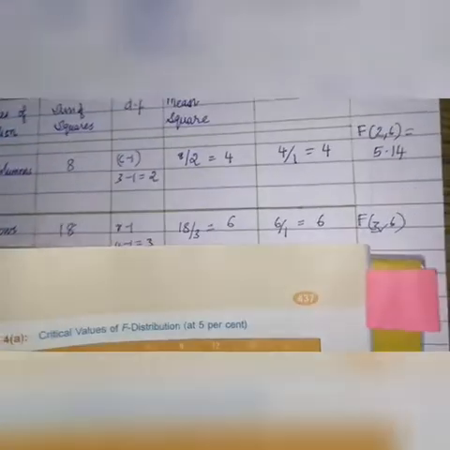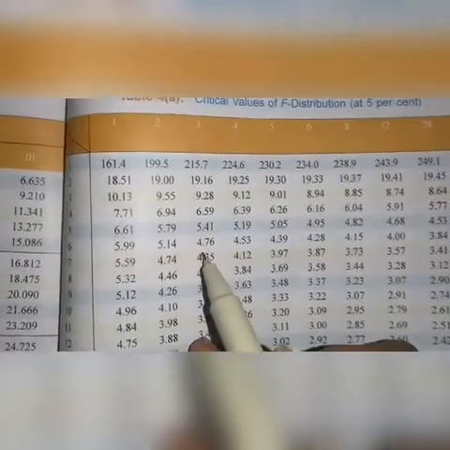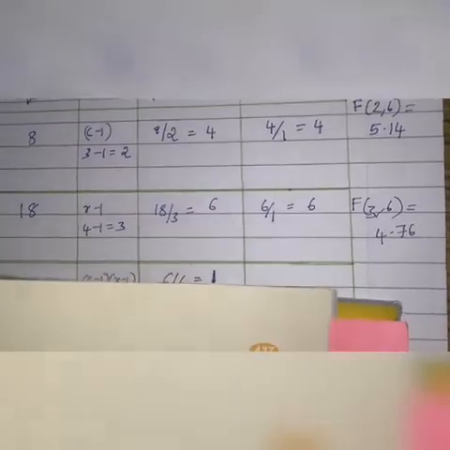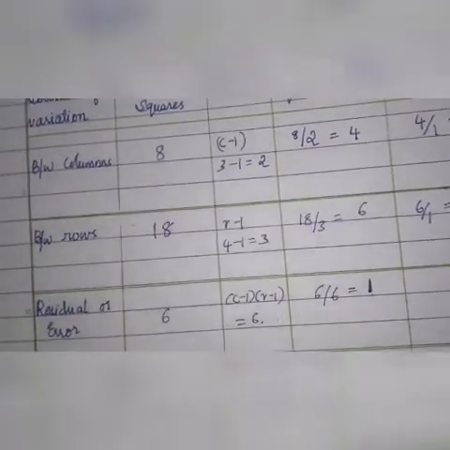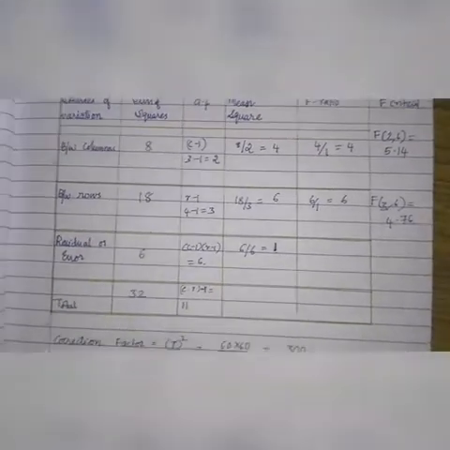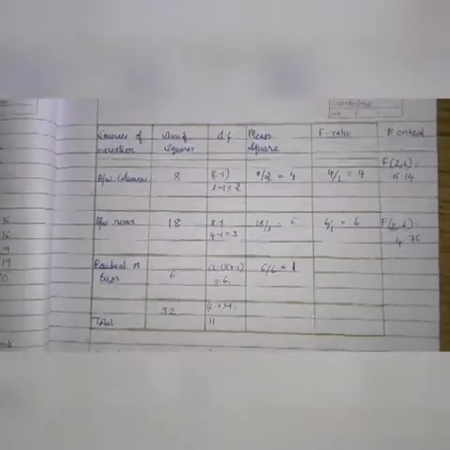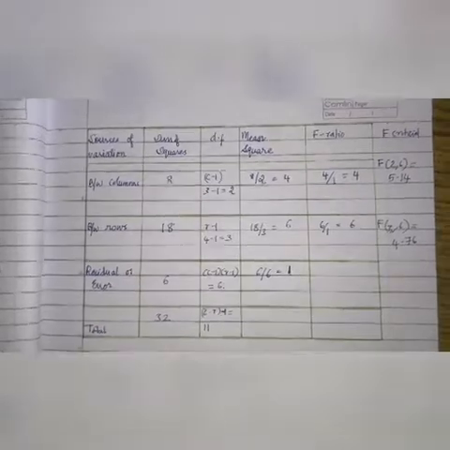Then 3 comma 6, 3 is here and 6 is here, this is 4.76. Okay, now we have calculated the statistic values and the critical values. Now let us get into the procedure for testing of hypothesis.